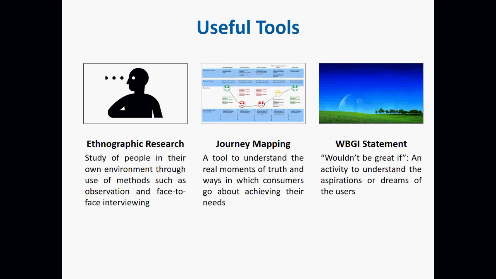And there are 3 high-level techniques that are available to actually do this. The first technique is called ethnographic research. The second one is called journey mapping. The third technique is called WBGA, or wouldn't it be great if statement techniques. Ethnographic research is the study of people in their own environment through use of methods such as observation and face-to-face interviewing.